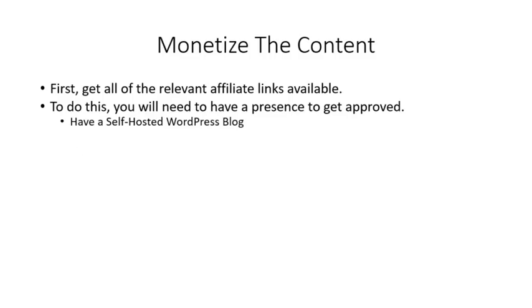I'm going to say you need to have a self-hosted WordPress blog, but it doesn't have to be WordPress. It can be something like Wix, it can be some other platform, but it needs to be your site. It needs to be your brand. It doesn't have to be your name, it can be your brand name, but it does need to be your site, your home base where you are going to present yourself online, whatever it is your brand is.